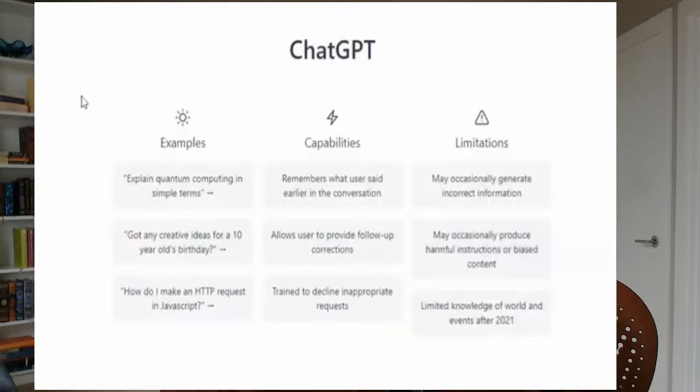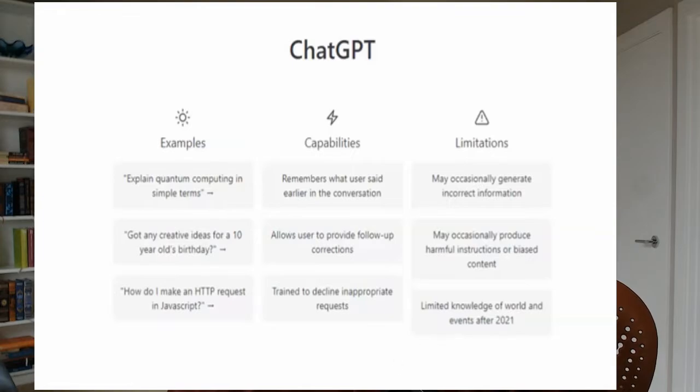Okay, so I am in here, Chat GPT. Explain quantum computing in simple terms. Capabilities: remember what the user has said in an earlier conversation; may occasionally generate incorrect information; may occasionally produce harmful instructions or biased content; limited knowledge of world and events after 2021. So this was trained on earlier data.